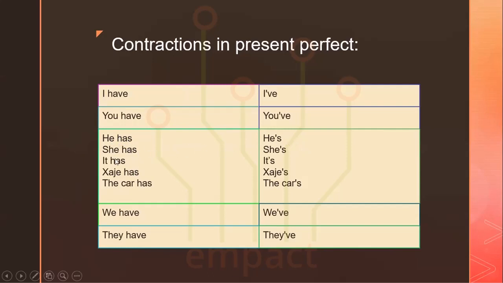She has, she's. It has, it's. The car has, the car's. Okay, the cars, Khaji's, Khanim's, Feyruz's, Gardenia's. We have, we've, or they have, they've. Or maybe two persons' names, Ahmed and Muhammad have, but in this case we cannot change have into short form whenever we have two persons' names.